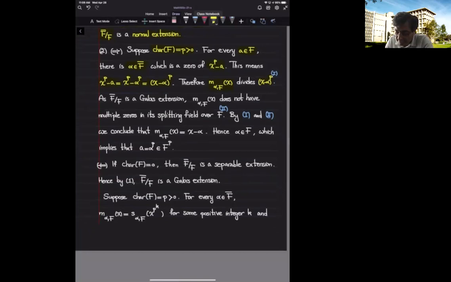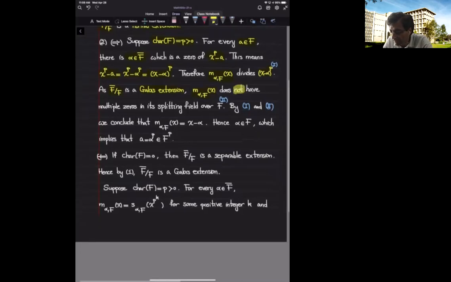But on the other hand, F bar over F is supposed to be Galois. That means it's supposed to be a separable extension. So the minimal polynomial of elements inside F bar cannot have multiple roots. So this does not have multiple zeros in a splitting field over the base field. But it is supposed to be (x minus alpha) raised to some power.